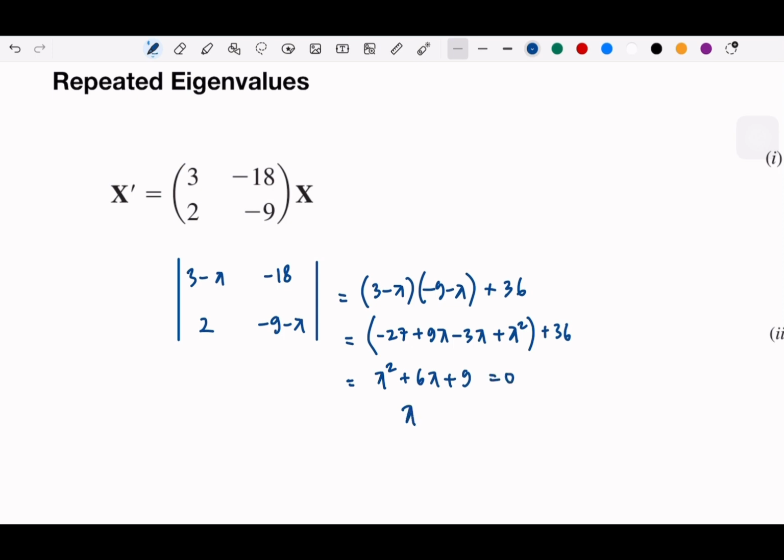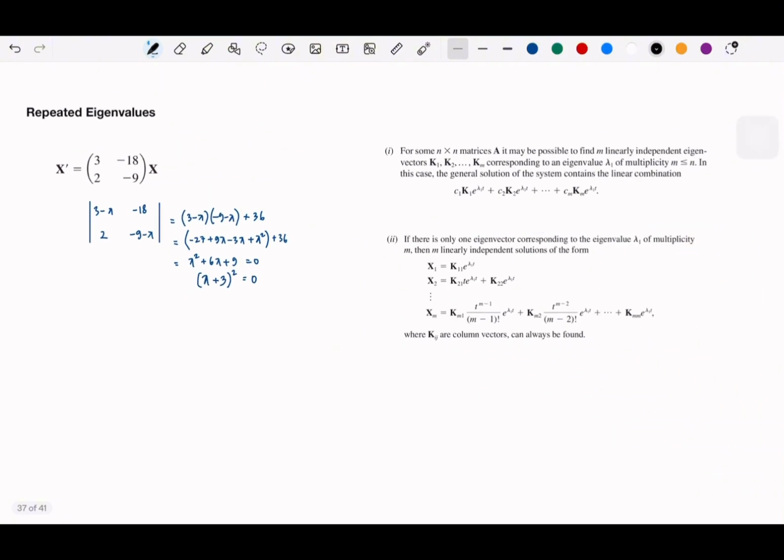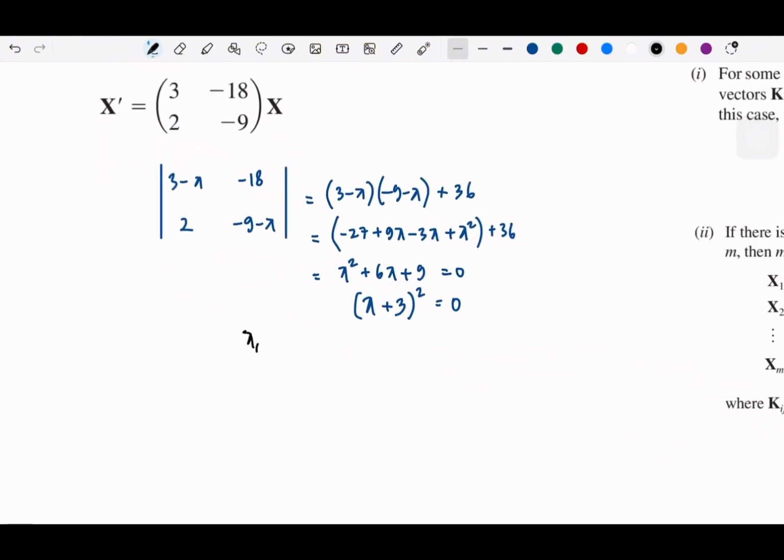So we have a repeated value, where eigenvalue 1 equals eigenvalue 2 equals -3.